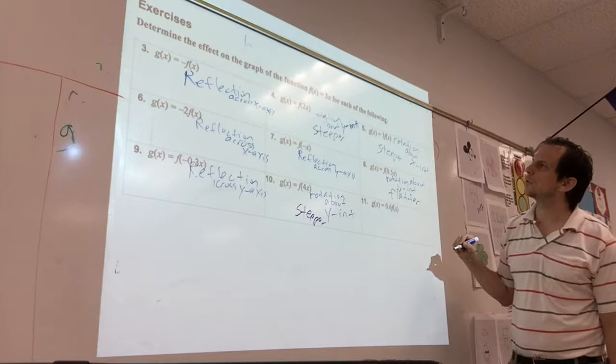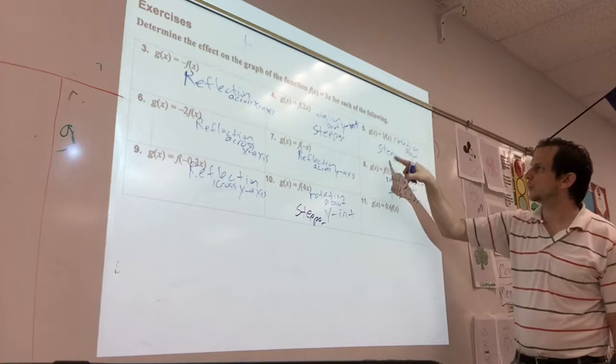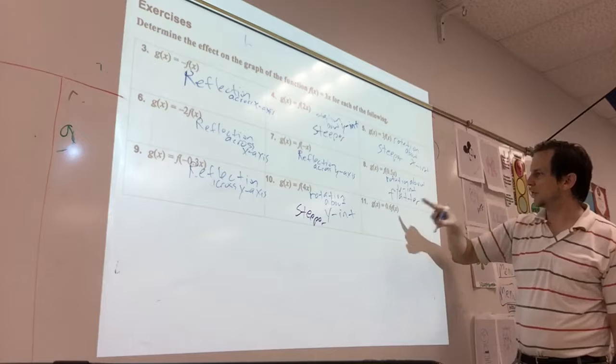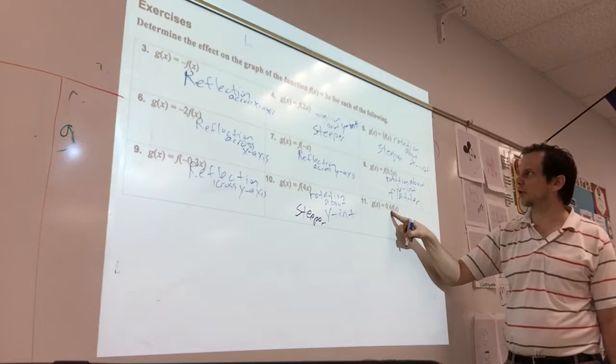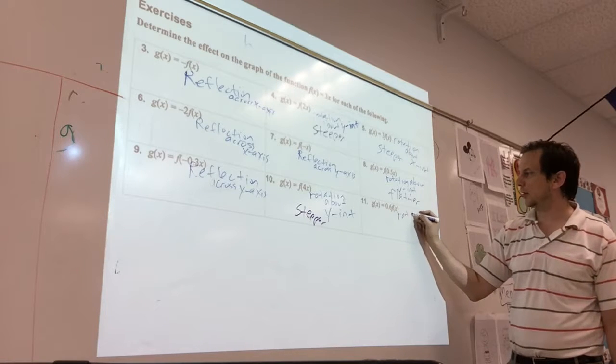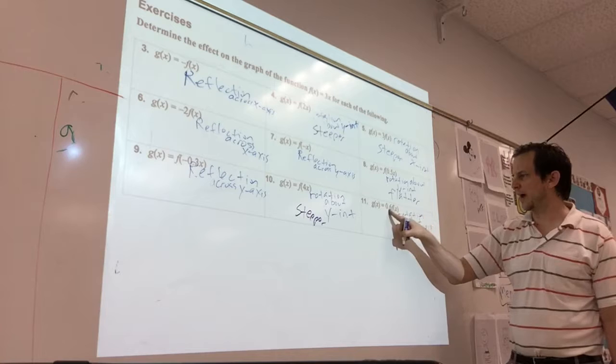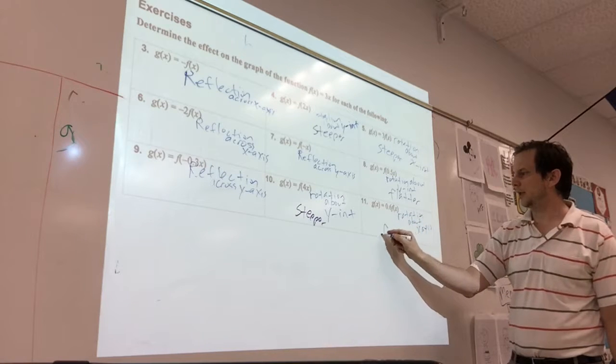Actually, you know what? Yes. Okay. And then what else? This one has a 0.6 in front. Rotation about X-axis. Since it's a fraction, it's going to make it flatter.